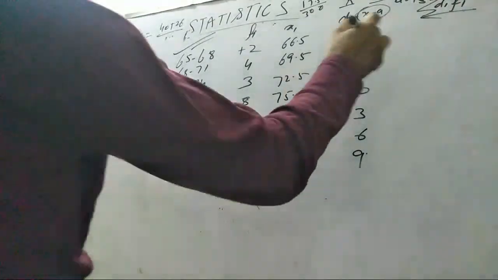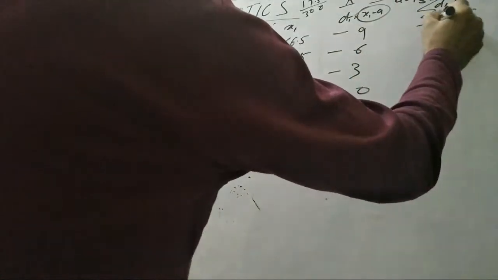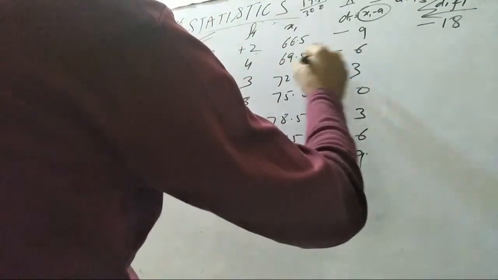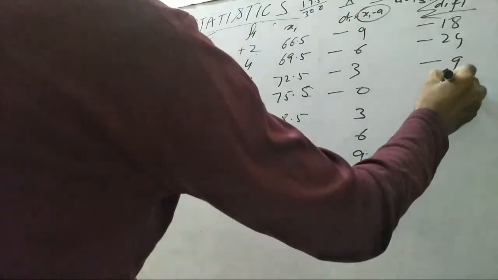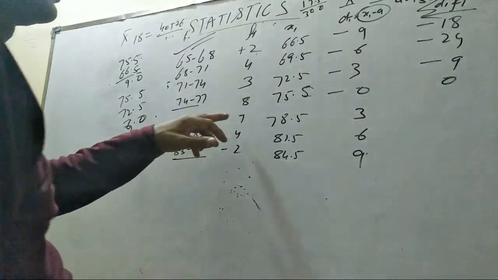D1 into F1 यहाँ में सिग्मा कीजिएगा, इसमें D1 into F1 9 into 2 minus 18 minus 24 minus 9 0 21 24 and 18.